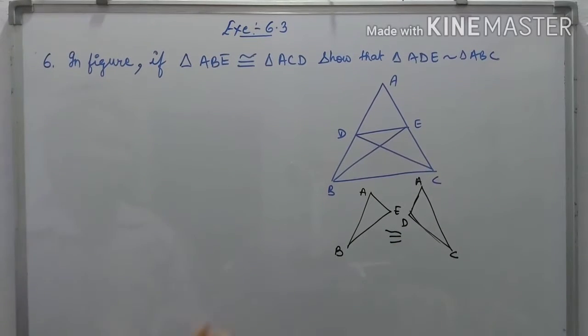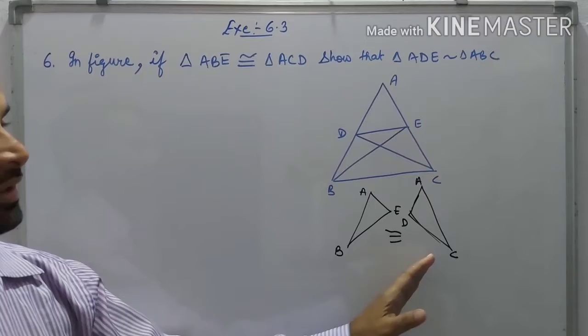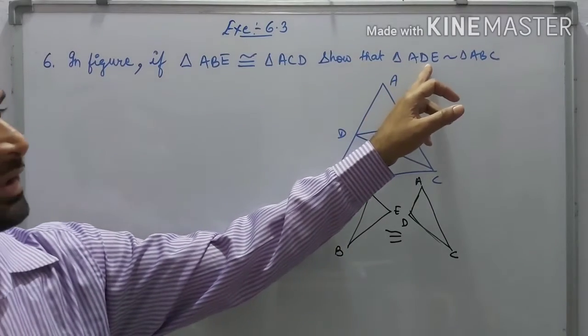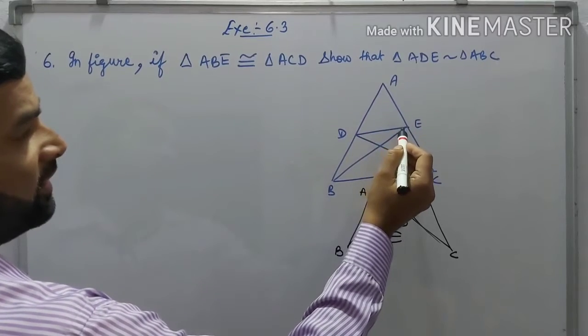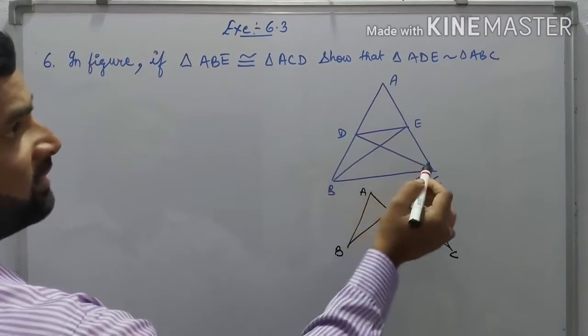Congruent means all parts are equal. Show that triangle ADE, the small triangle, is similar to the big triangle ABC.